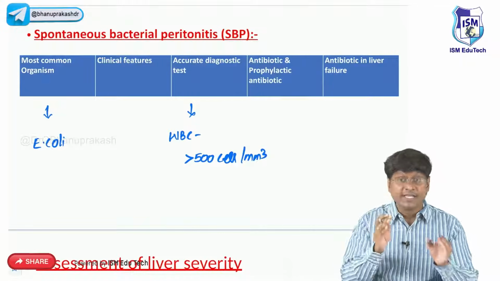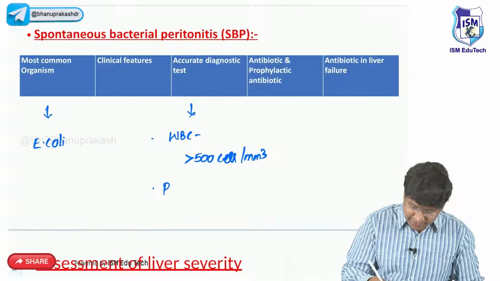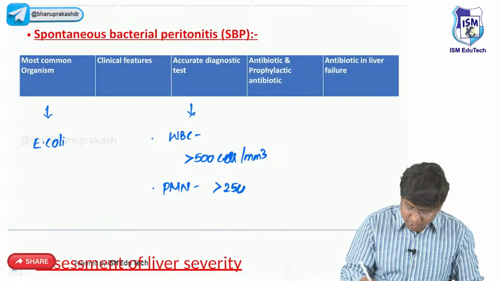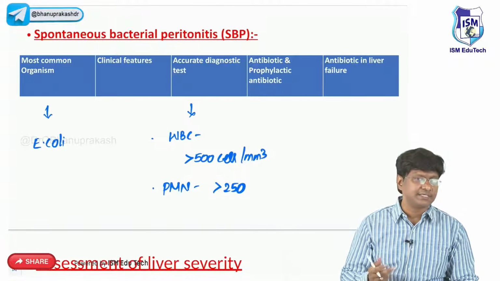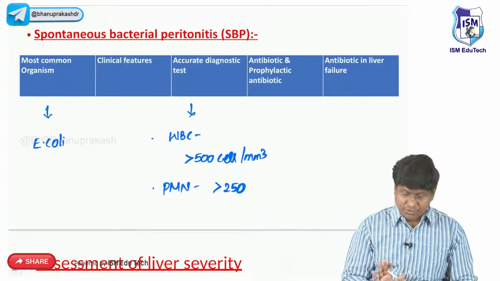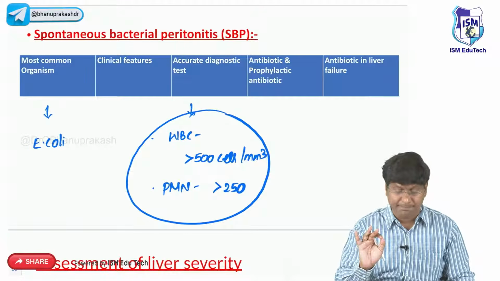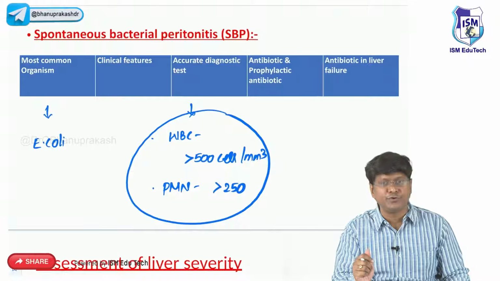Or if you take only polymorphs, that is neutrophils, the polymorphonuclear leukocytes will be more than 250 cells per cubic millimeter. And even the protein content will be increased; a protein content of 1 gram can also be there. So the accurate diagnostic test is paracentesis, where you need to check for the WBC as well as polymorphonuclear leukocytes.